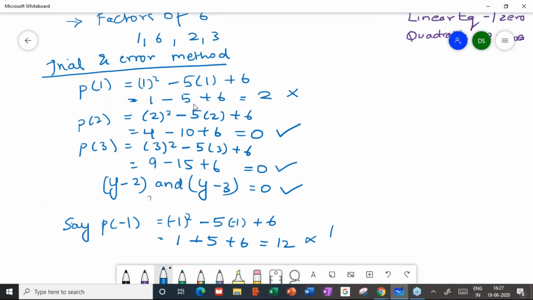But in case it was a factor, you will write it as, sorry, not p, it will be y plus 1. This will be a factor if it was. Okay, I hope you got it.